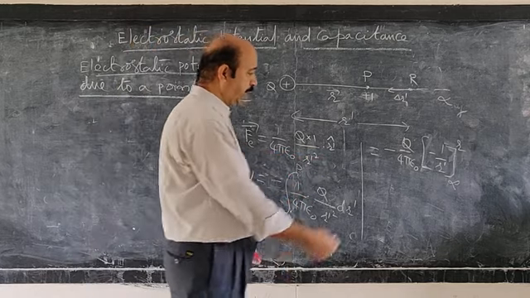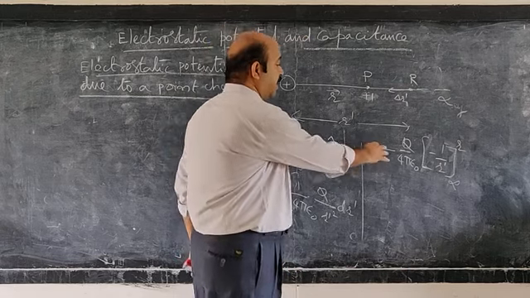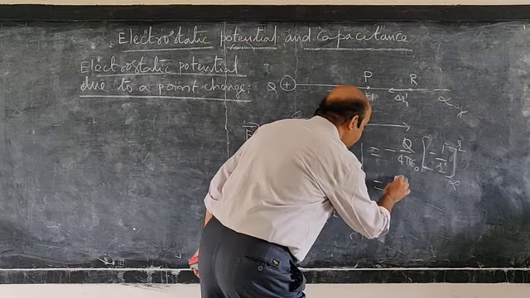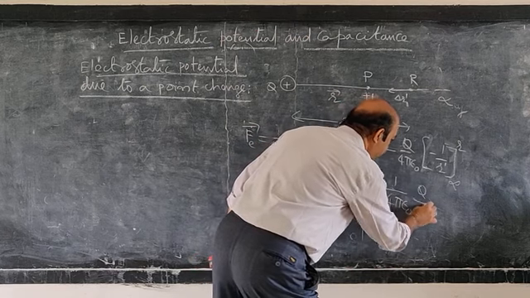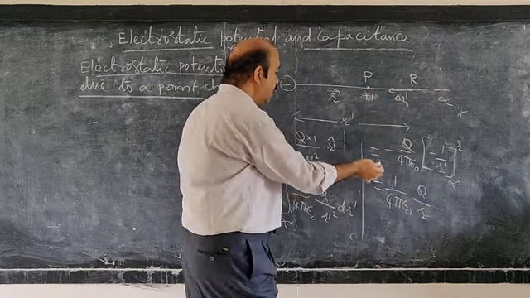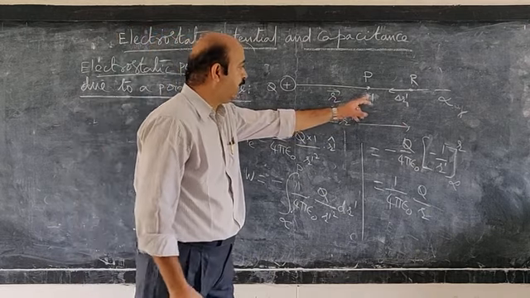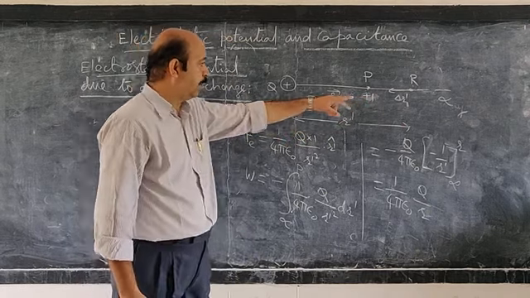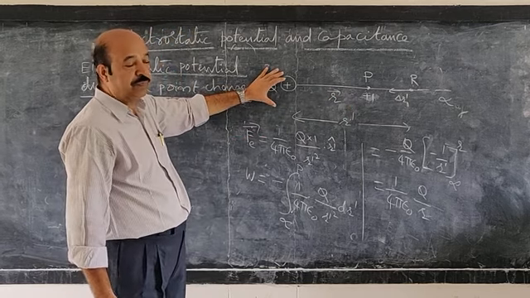If you substitute the limits, for infinity it is 0, and the minus of the next becomes plus. Therefore you can write 1 by 4 pi epsilon naught q by r. This is the potential at a point P due to the electric field of the charge q.